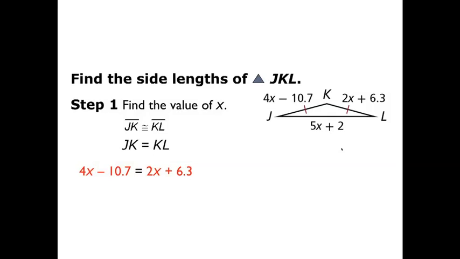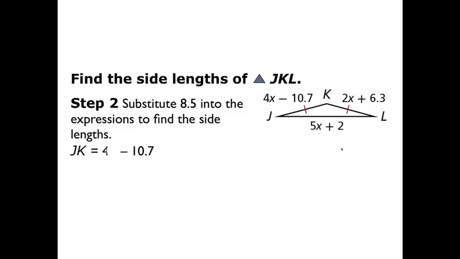So a quick little bit of algebra: I'll subtract 2x from 4x, and I'll add 10.7 to 6.3, leaving me 2x equals 17. You should be able to handle that. That's just Algebra 1 review. Then divide by 2, and we have 8.5 for x. So I'm supposed to find the side length, so now I'm going to take that 8.5 and plug it back in.